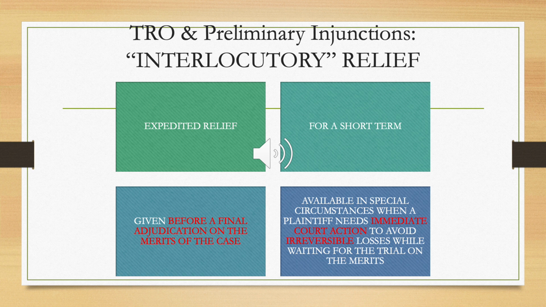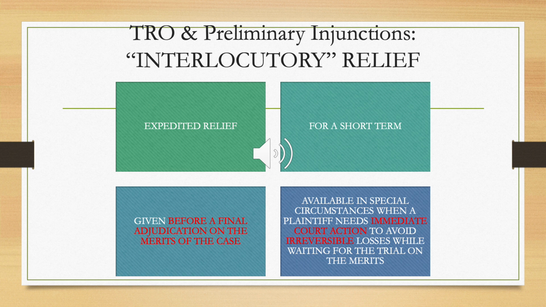And there are other aspects of each of these forms of relief that we'll talk about. The first, as we'll see, is that this is expedited relief. In other words, the relief by the court is quickly done. Not only that, the relief that is provided is for a short term. It is by no means permanent.